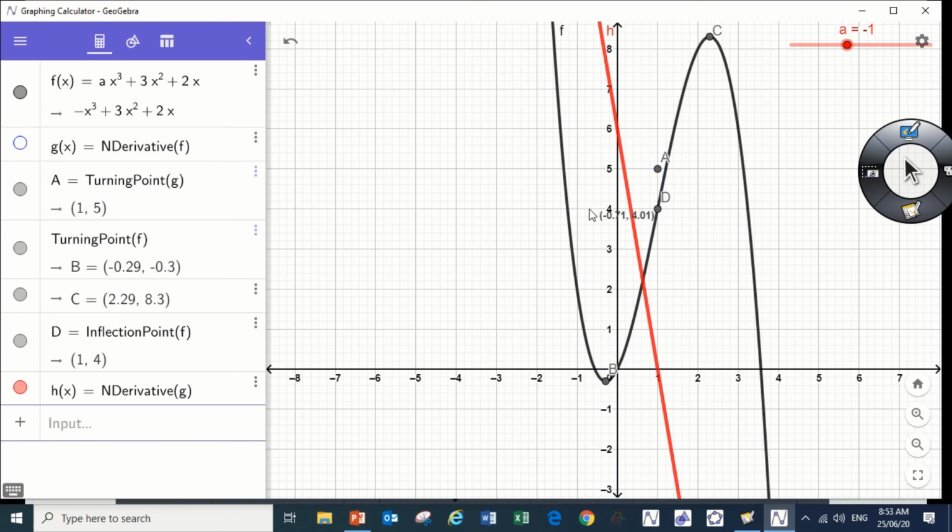In the fourth quadrant, for the cubic graph, y is negative. So for the second derivative, the y values are negative.